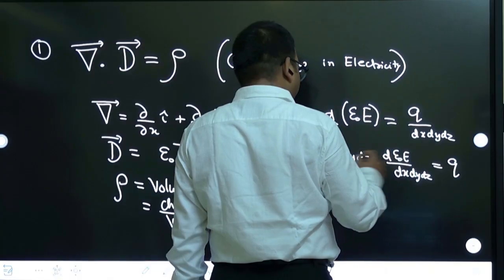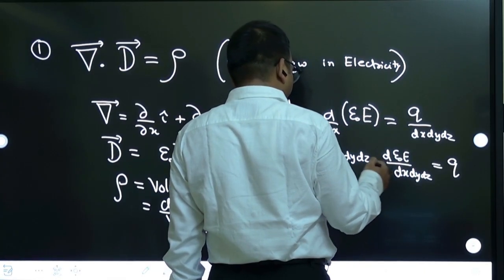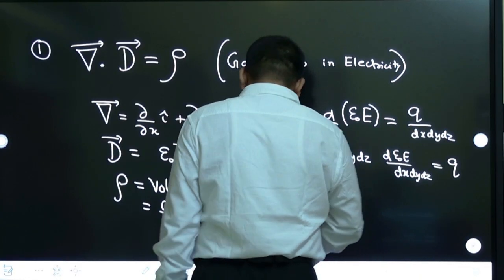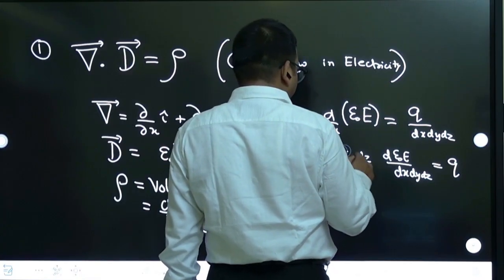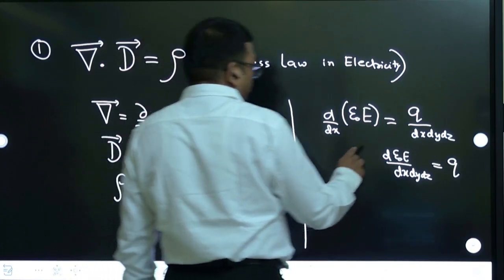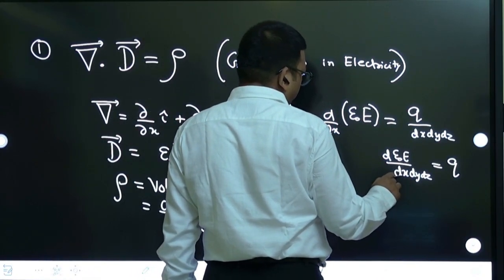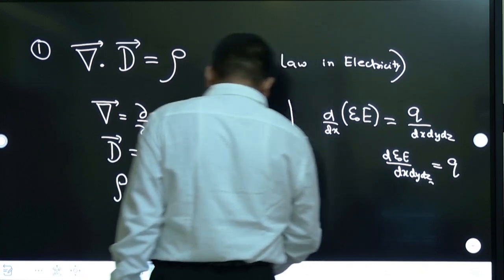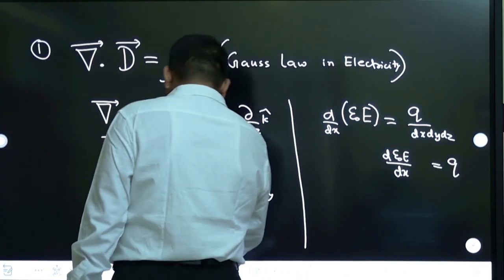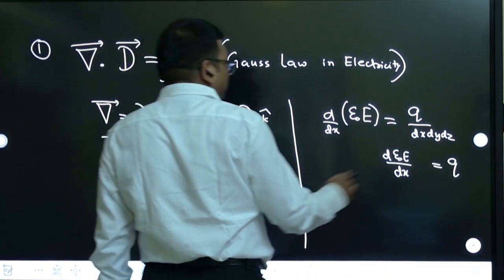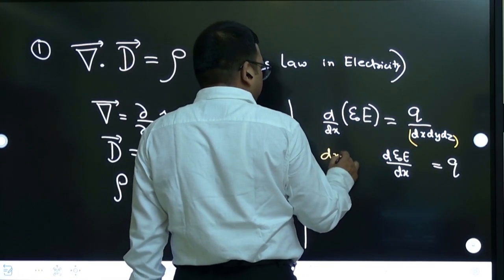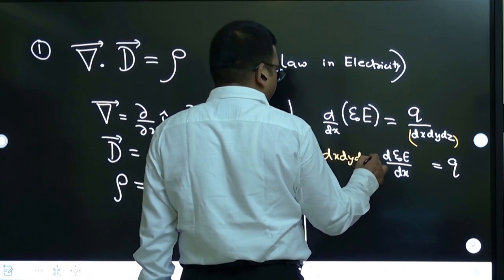This epsilon naught can come out of differentiation. In the numerator we have only d of this, and dx is only in the denominator. This I am cross multiplying, this becomes dx, dy, dz, right?